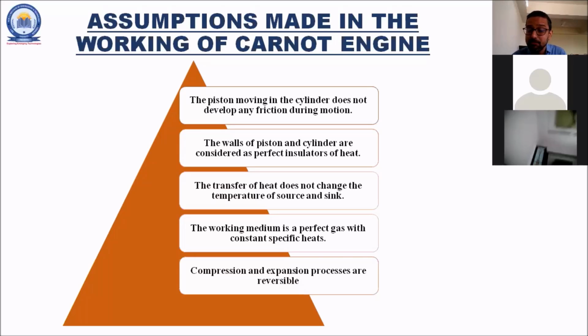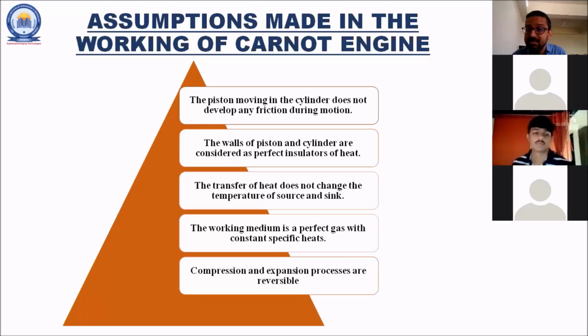To be more specific, both are completely opposite processes. In compression, the volume decreases but the pressure increases. Whereas in expansion, the pressure decreases but the volume increases. But in the Carnot cycle, he has taken the assumption that the compression and expansion processes are reversible. And because of this assumption only, the Carnot engine is considered a reversible heat engine.